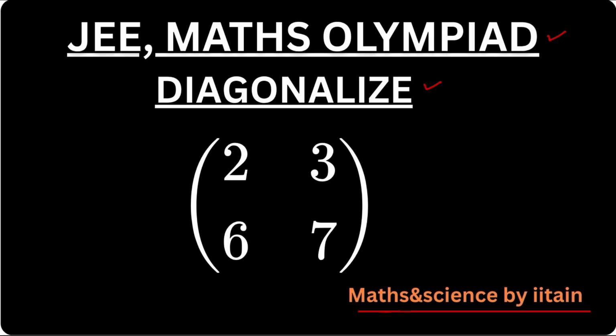If this is the matrix A and it can be represented in a diagonal form of A, which is D, then D is equal to P inverse A P. From this, what we get is that if I want to find out A to the power of n of any matrix, then it is P into D to the power of n into P inverse.